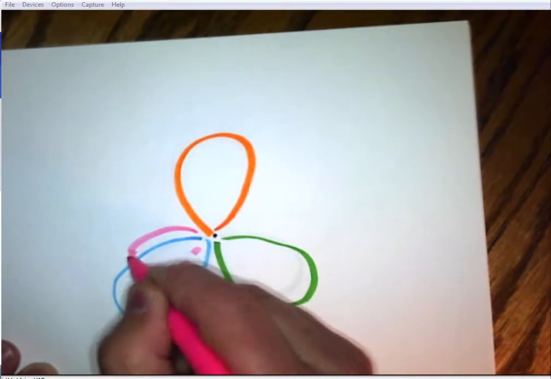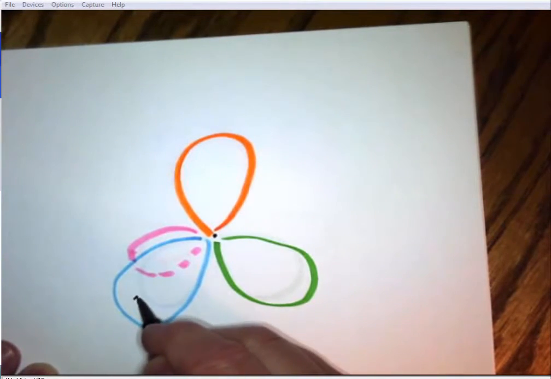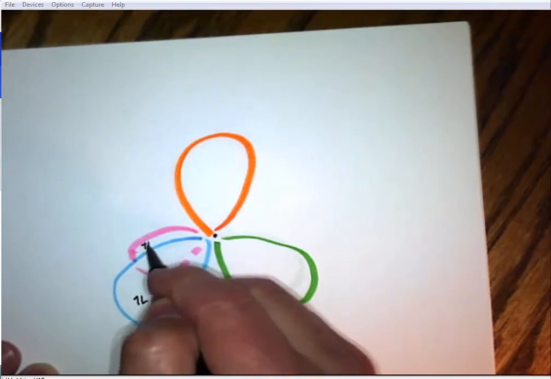Okay? But we're going to say that these 2 orbitals here have 2 electrons in them. Okay? You want to use dots or arrows? Arrows? So we got both electrons in this one and both electrons in this one. Okay?